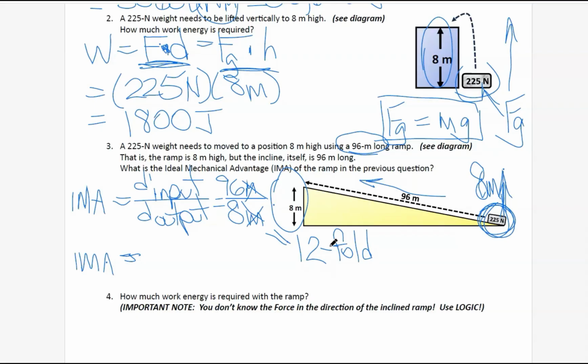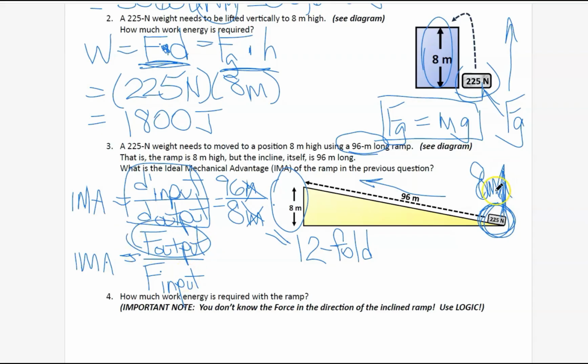Now, there's a second way to calculate the ideal mechanical advantage, by using not a ratio of the distances, but a ratio of the forces. And we reverse the word input and output. So it's the force output divided by the force input. It's always the bigger number over the smaller number. Well, we know what the force output is.